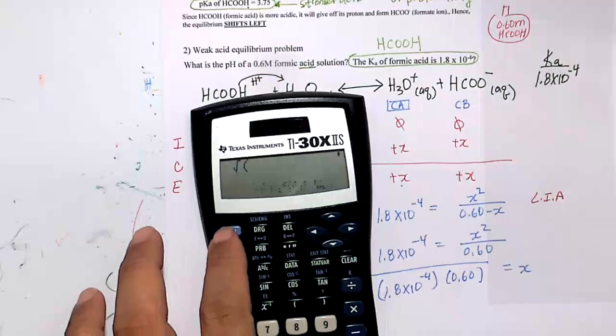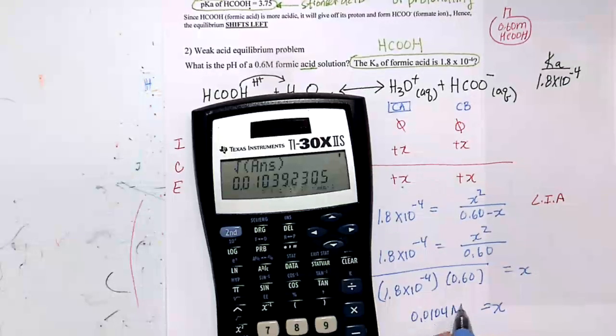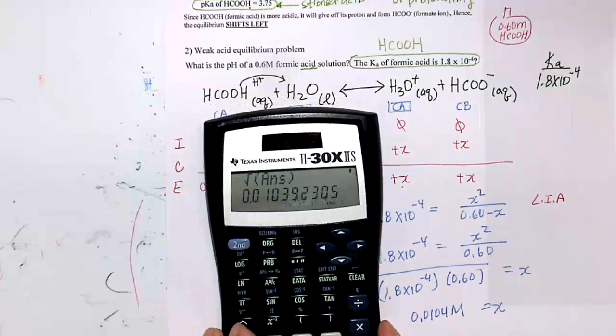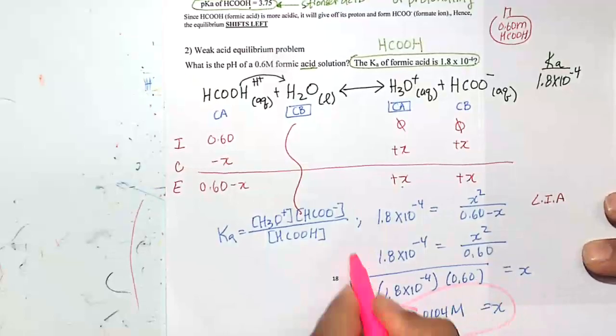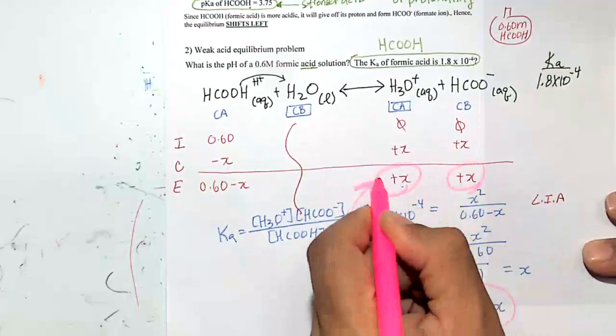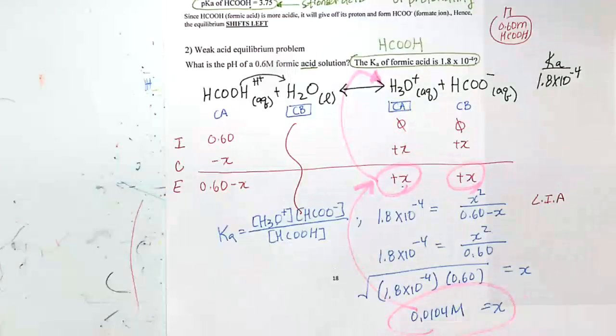Square root. 0.0104 big M. And what does that symbolize? It's X, but what does that X really mean? It's this X and this X. And one of those X's is H3O plus.